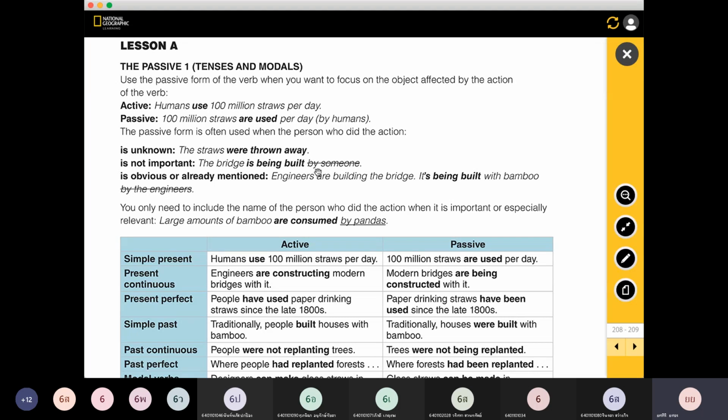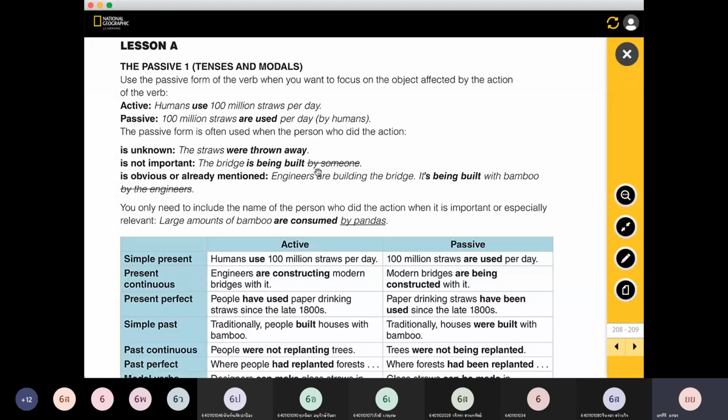Because when it comes to materials, we shift the focus. We don't really want to know about who does it. We just shift our focus to the object. So that's why we use the passive.